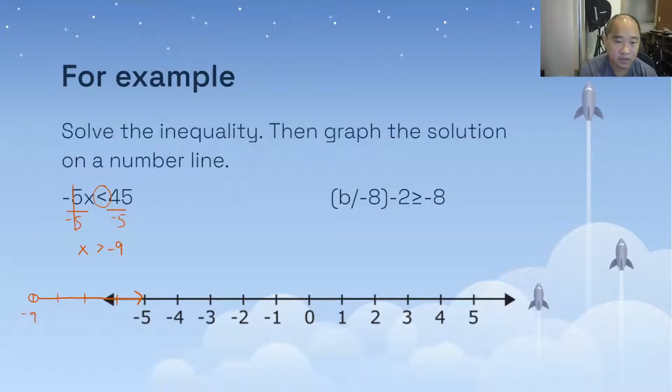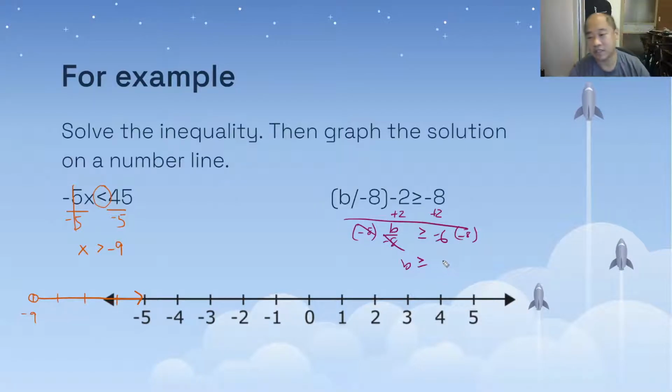Let's do the next one in this purplish color. So first we want to add 2 to both sides, and then we get good old negative 6, and then over here we have b over negative 8. So we're going to multiply by negative 8 on both sides, and these will cross out. Negative 8. And b is going to be greater than or equal to, what does that make it?